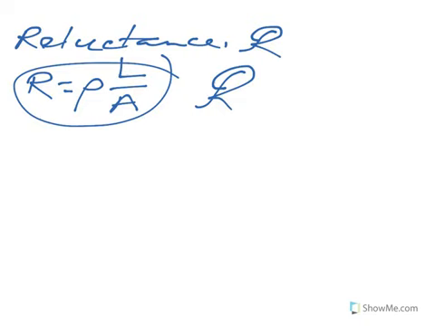So the reluctance is represented by L by mu A, where L is the length of the core material or magnetic flux path, mu is the permeability, and A is the area. This is the representation of the reluctance in a magnetic circuit, which is similar to the resistance of an electrical circuit.